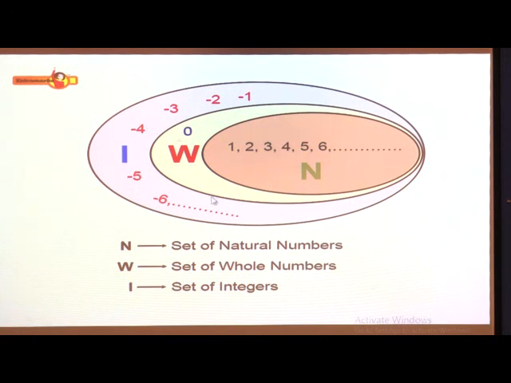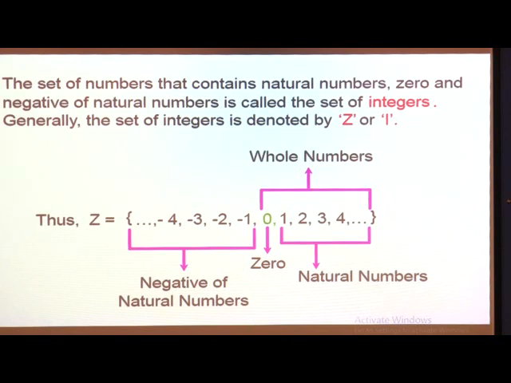The set of natural numbers, set of whole numbers and negative numbers are called the set of integers. So integers include positive numbers, negative numbers and a whole number. The set of numbers that contains natural numbers, 0 and negative of natural numbers is called the set of integers.